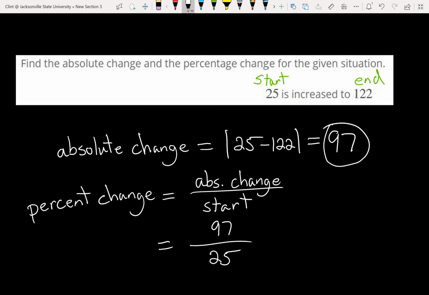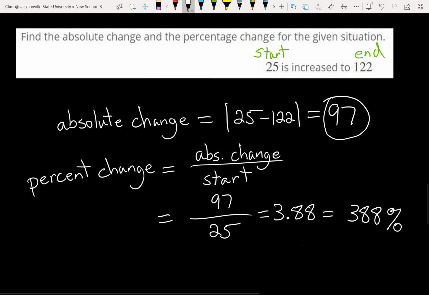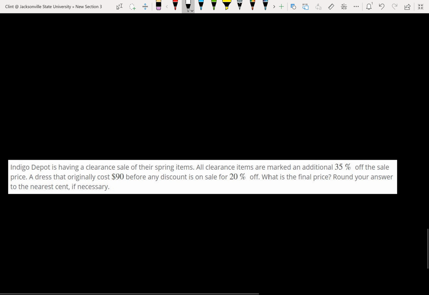So 97 divided by 25 is 3.88. But when we change that to a percentage, we move our decimal place. That's 388%. So we've got a 388% increase here. And the way I know it's an increase is because the number we ended with is bigger than the number we started with.